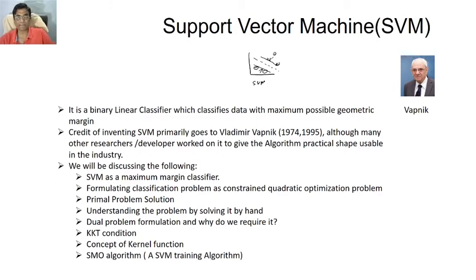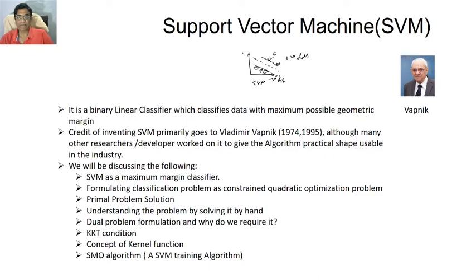So the maximum margin classifier has an obvious intuitive advantage. What is that advantage? If I can somehow draw a decision boundary which will be equidistant from both the classes, say this is my negative class and this is my positive class, so if my decision boundary, which is here, is equidistant from this class and this class, then that is perhaps the optimal decision boundary, isn't it?